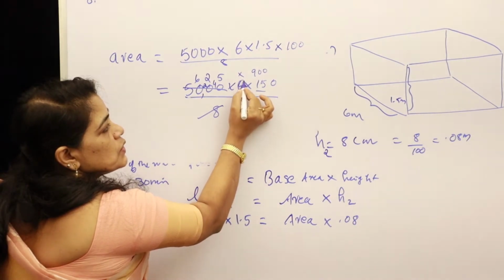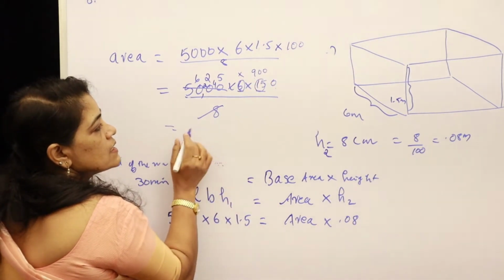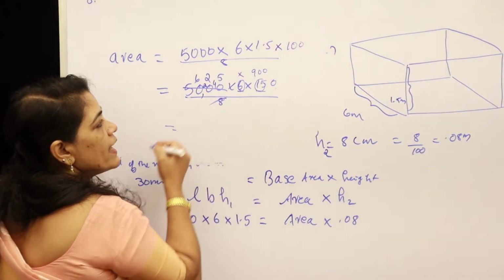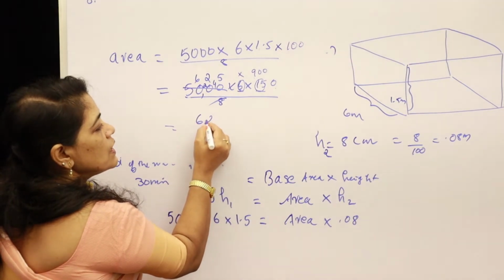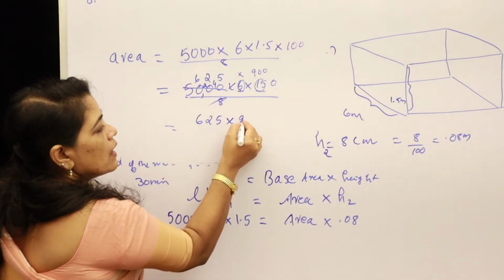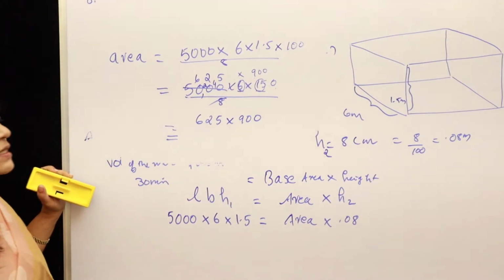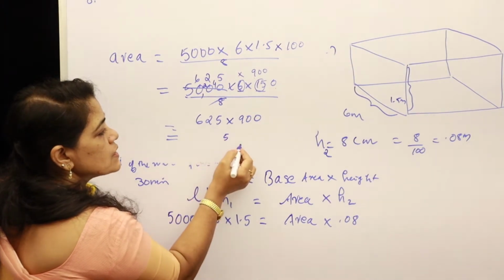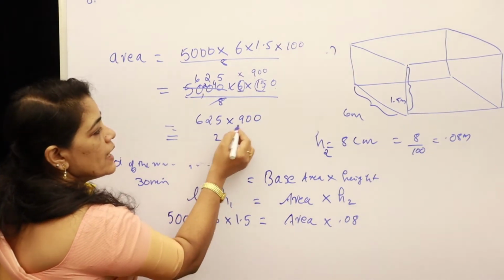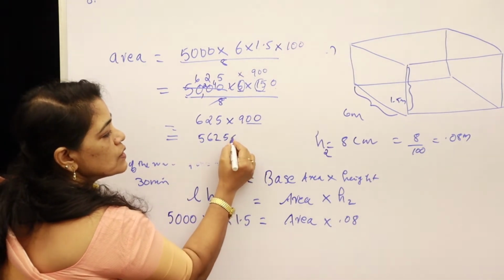Nothing is left in the denominator; it is fully cancelled in 5000, giving 625 times. So 625 into 900. We can multiply 625 with 9: 45, 4 carries, 18 plus 4 is 22, 2 carries, 54 and 2 is 56, and these two zeros.